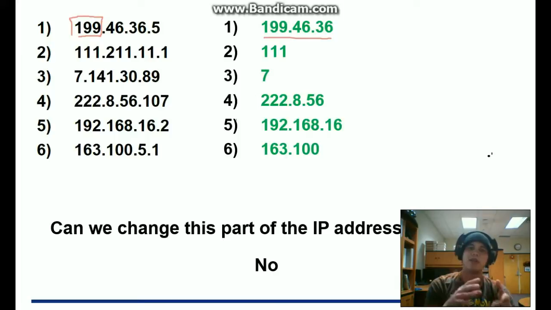So when we subnet, we actually take those host bits in the host field and we turn those host bits into networking bits. We can never turn our original class A, class B, and class C networking bits into host bits. You cannot do that. All right, not when it comes to assigning an IP address to a host. Okay.